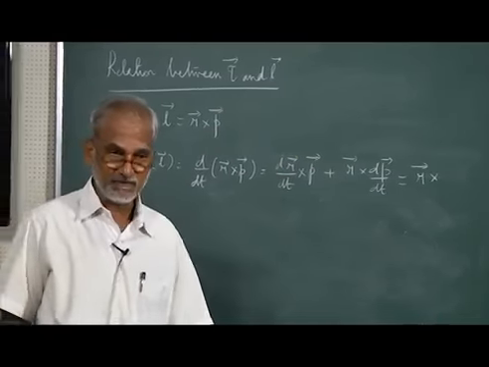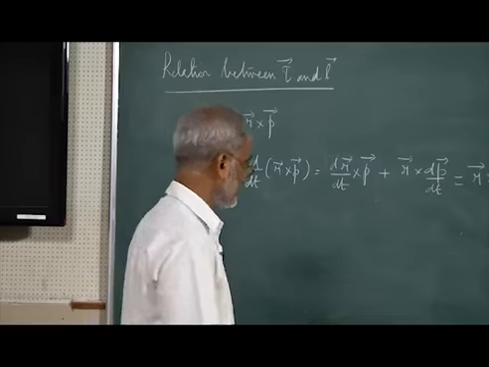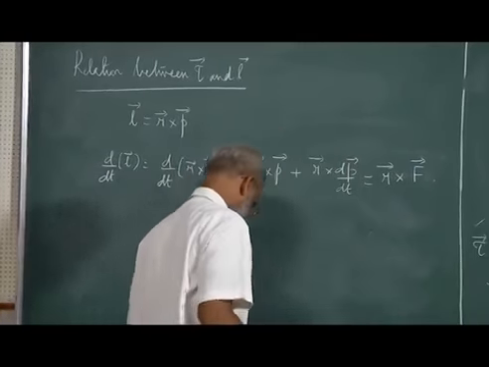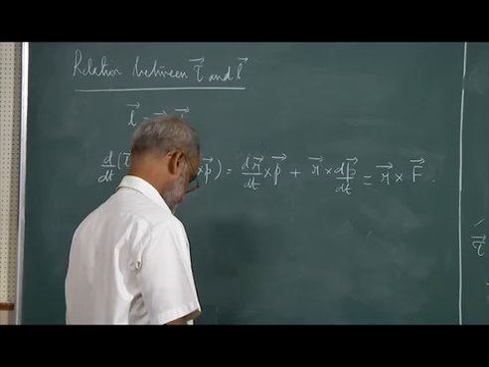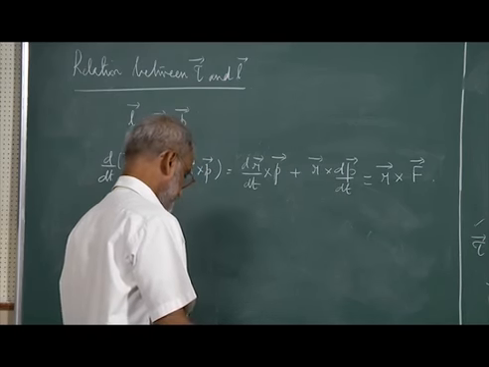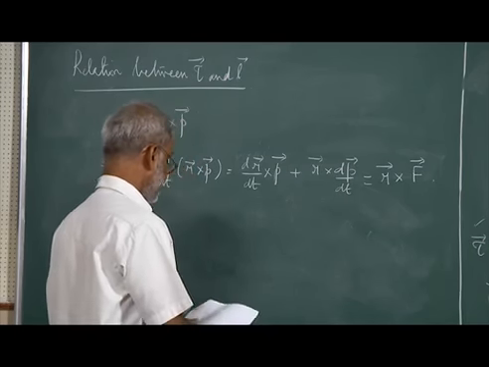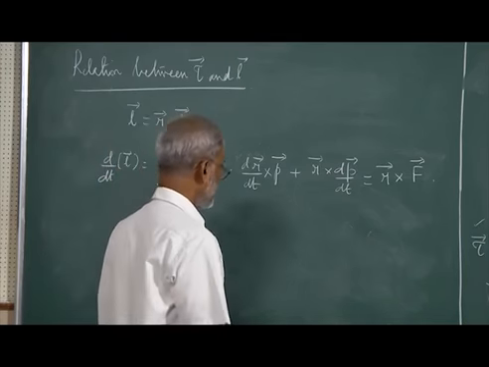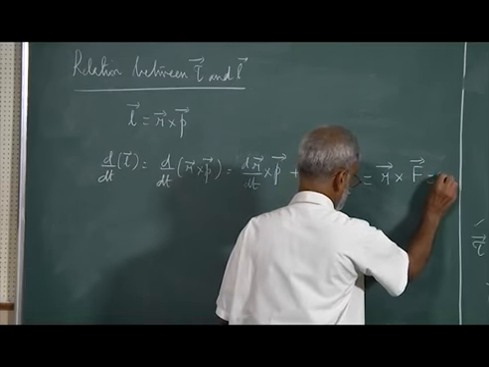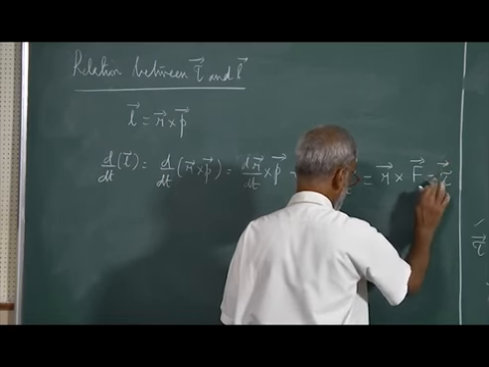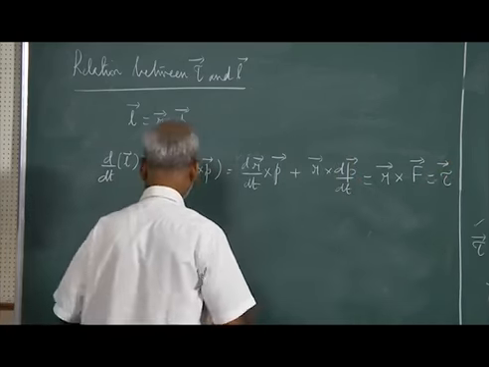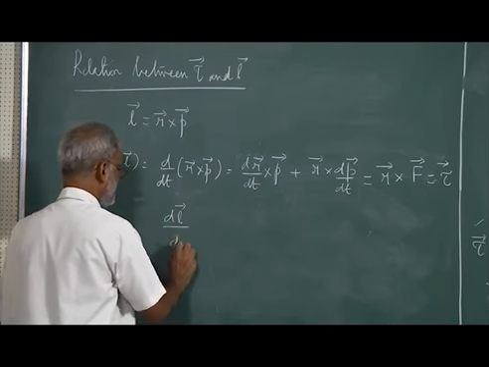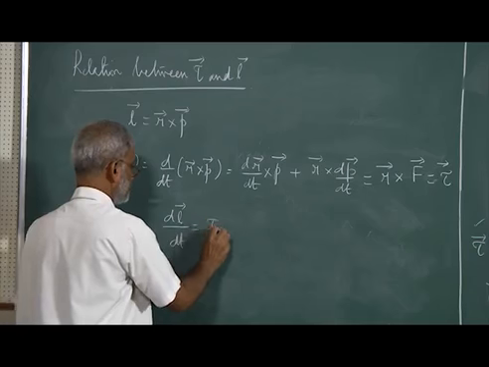Rate of change of momentum, known by Newton's law as force. Therefore, what is r cross F? R cross F is the tau, the torque acting on the body due to this force. Therefore we have a very elegant relation, dL by dt is equal to tau.